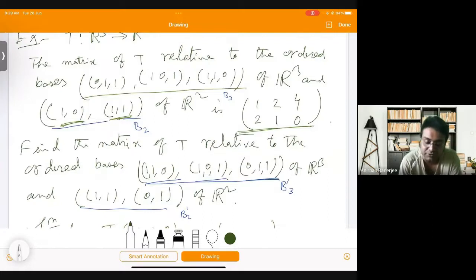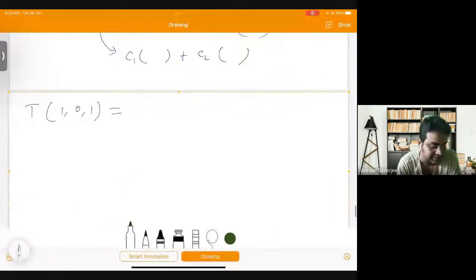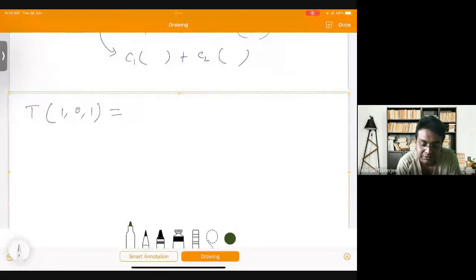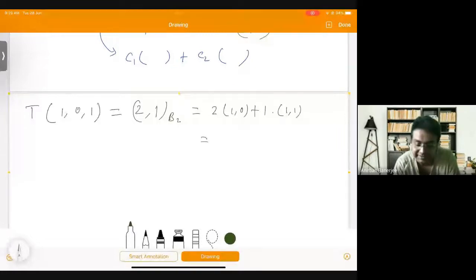But of course that is also with respect to the basis B2. That means 2 into again 1 comma 0 plus 1 into 1 comma 1. And that means this is 3 comma 1.